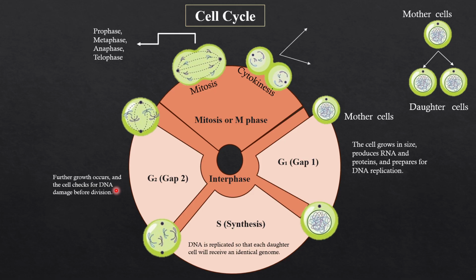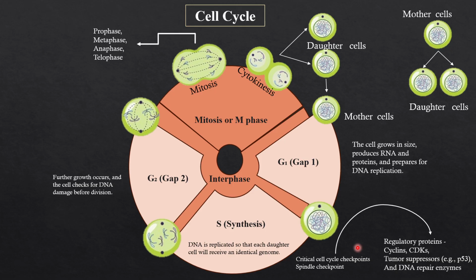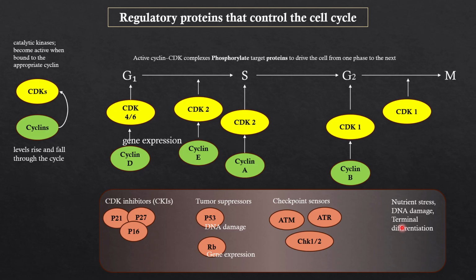And we have cytokinesis, which is the division of the cells, and two daughter cells will be produced. Now there are certain critical checkpoints, called spindle checkpoints, and there are certain regulatory proteins associated with them, and these are the CDKs, tumor suppressors, for example p53, and the DNA repair enzymes.